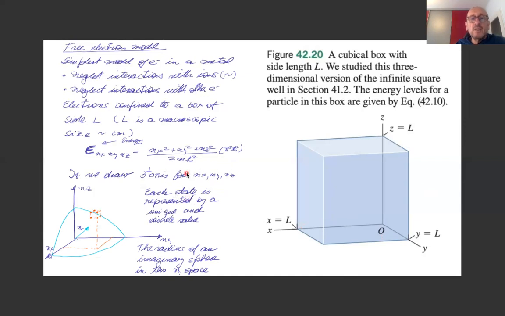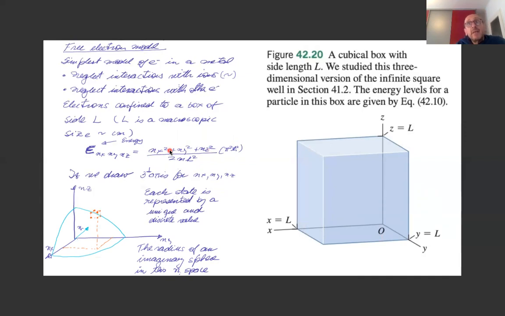How does the energy increase? It has L squared at the bottom here, this constant, and the mass of the electron. And this number is nx squared plus ny squared plus nz squared. These n squared are integer numbers squared. That's what we know.